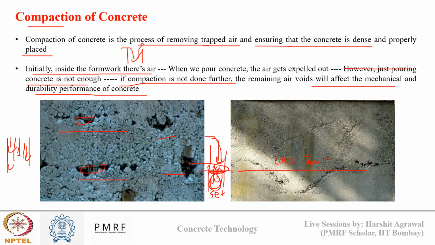There will be a joint created between the first and the second concrete, and that joint will appear like a void. Such a void is known as a cold joint, due to incompatibility of old and new concrete inside the formwork. Here also compaction becomes important, because if we do compaction, we will thoroughly mix this joint area and there will be no voids left.